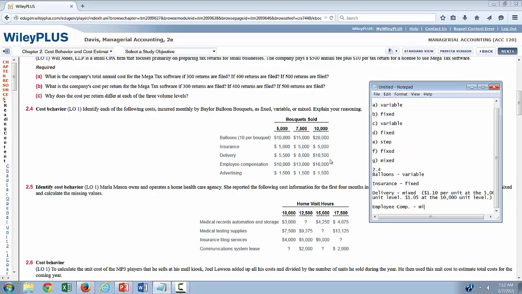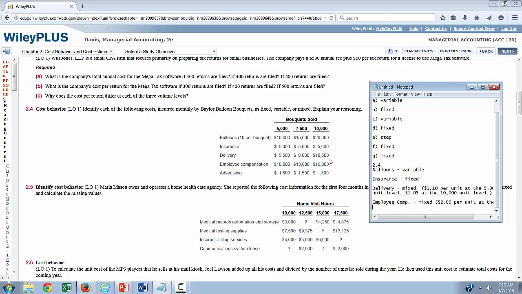So employee compensation is mixed. Again, let's look at the unit cost: $2 per unit at the 5,000 unit level, and then it's only $1.60 per unit at the 10,000 unit level.